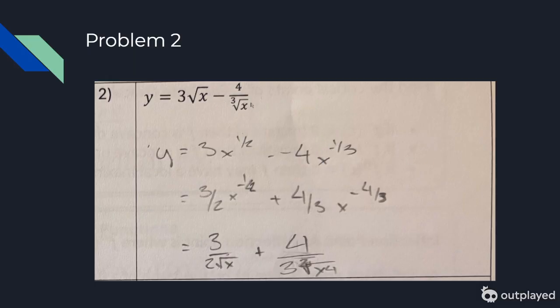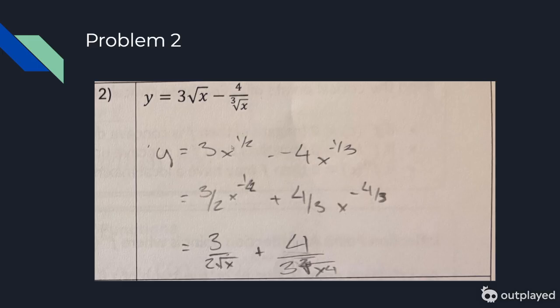So the square root and the cube root are just 1 over 2 and 1 over 3. So 1/2 is the square root and 1/3 is a cube root. But since we move this one up from the denominator, it becomes a negative. So negative 4x to the negative 1/3 power. And same thing that we did in the last problem, it makes it a lot easier to get the derivative.